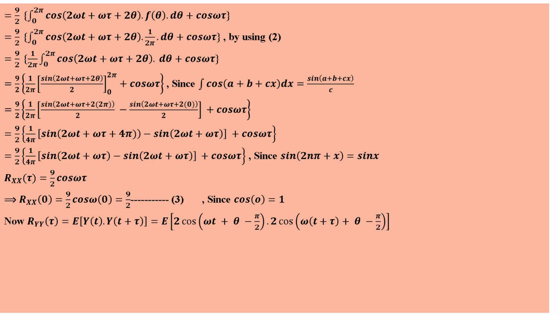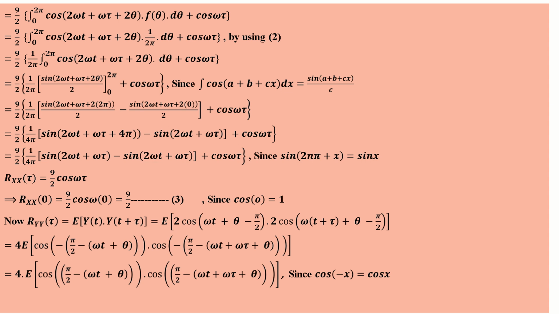Now Ryy of tau is equal to the expected value of y of t into y of t plus tau, which is the expected value of 2 cos omega t plus theta minus pi by 2, times 2 cos omega t plus omega tau plus theta minus pi by 2. Here 2 is a constant, so 2 into 2, 4, we take outside the expectation.